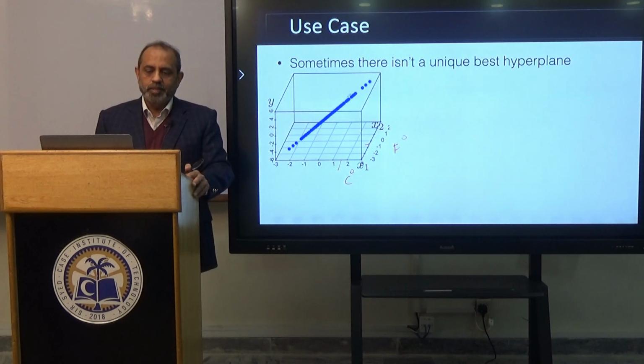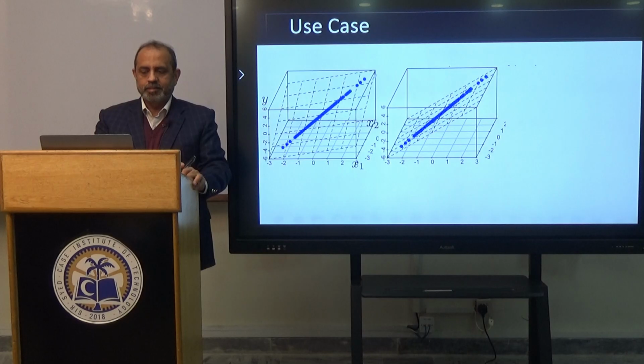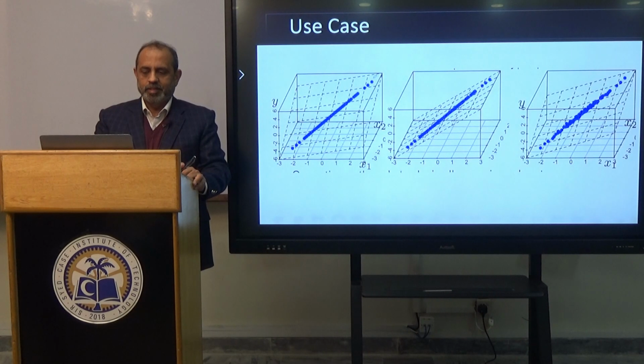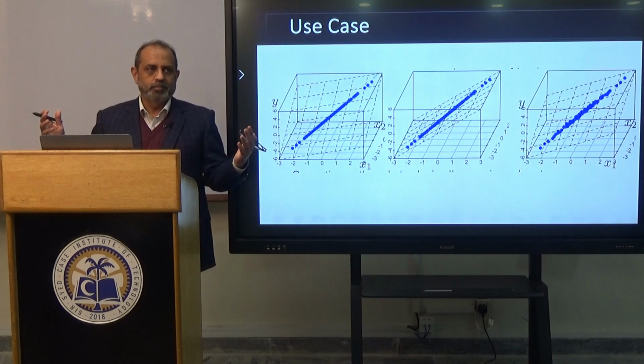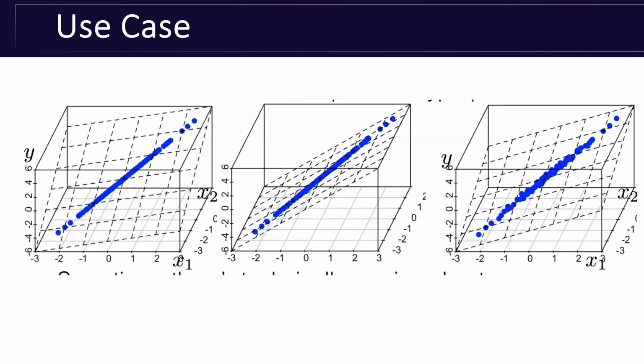So though it is in 3 dimensions, you have a line. And through this line you can fit as many planes as you want, because a line can pass through infinitely many planes.